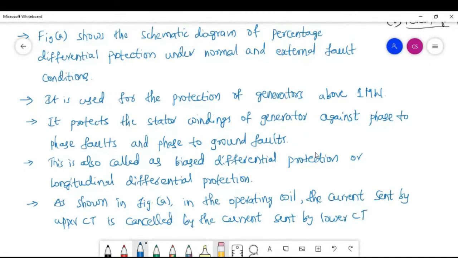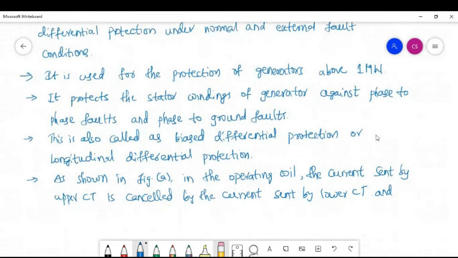Both the magnitudes are the same and they are in opposite directions. For that reason, we have mentioned it as cancelled by the lower CT. And the relay does not operate because there is no current, and the relay does not operate.